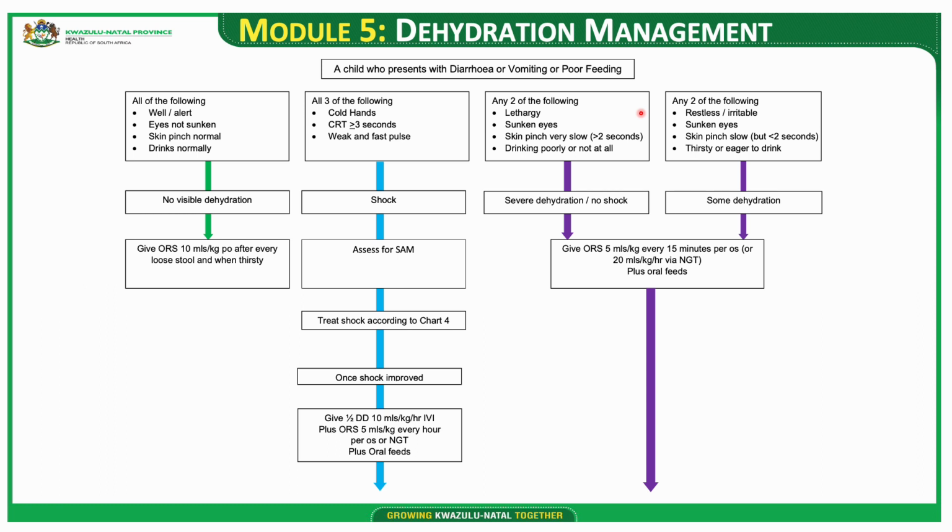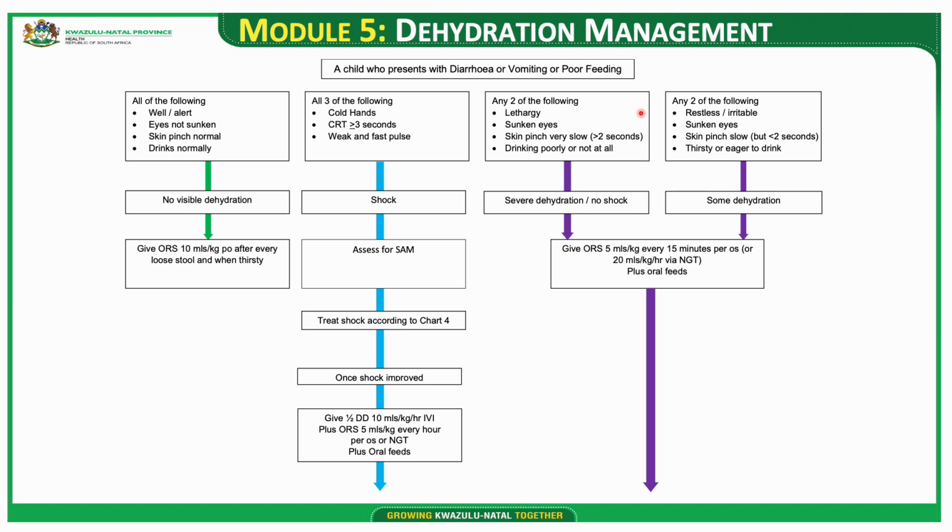The child with severe dehydration we would treat as an emergency. The child with some dehydration, because they're restless or irritable, would be considered a priority, taken to the front of the queue, and fluid management started there.